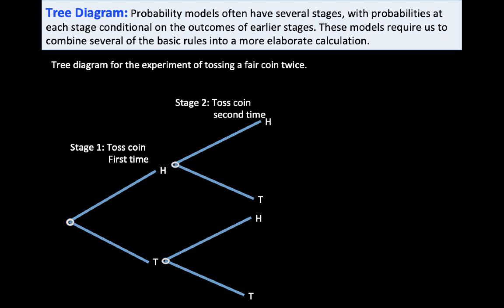You see stage 1 and stage 2, toss coin first time and second time. Then you can write the outcomes: HH, HT, TH, TT.